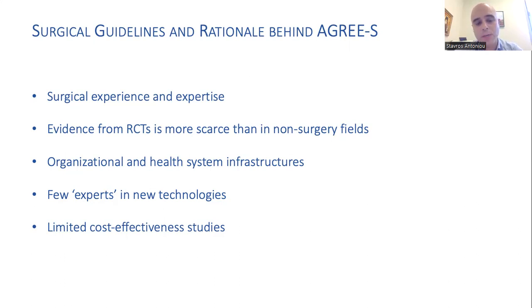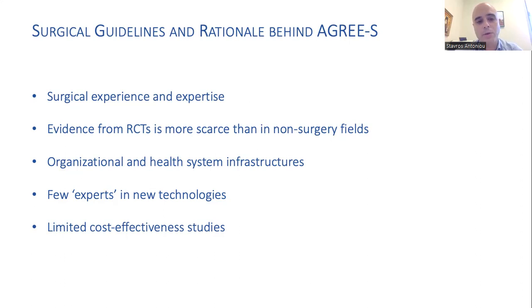Furthermore, there are few experts in new technologies, and as you might also already be aware, the technological field is rapidly evolving in the field of surgery.